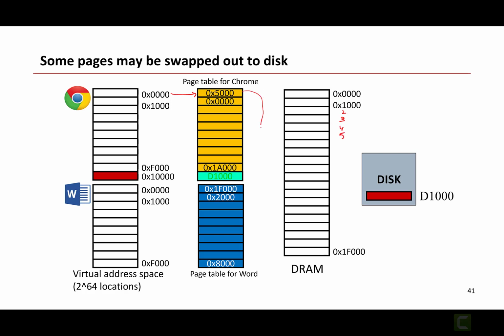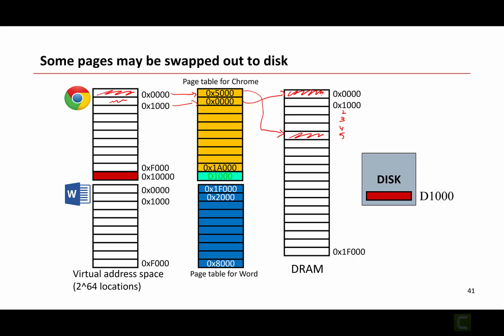The physical page that is used to store the 0th virtual page of Chrome is 5 of the main memory. And similarly, the 1000th virtual page of Chrome is stored in the 0th physical page in the main memory.